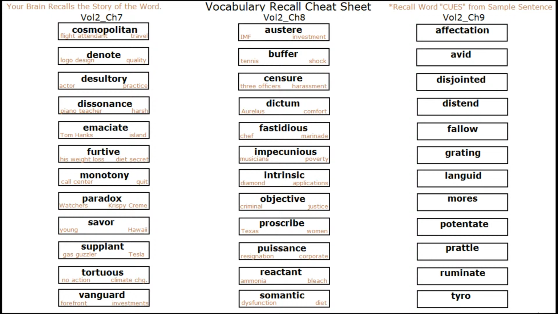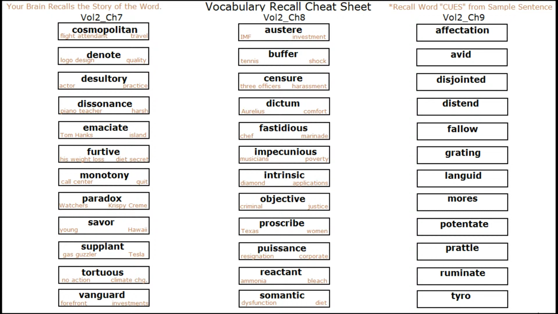Let's see, another one would be proscribed, Texas woman, and that sample sentence had to do with women's rights and the rights of a woman being proscribed, restricted as far as access to abortion. So that was the cue and the story of the word in that particular sentence.